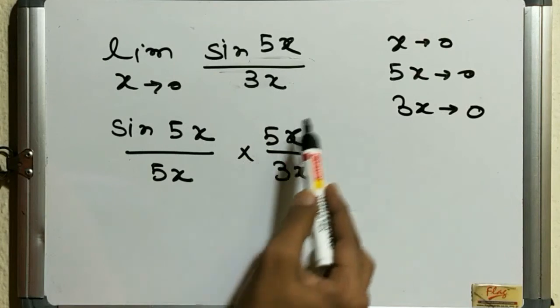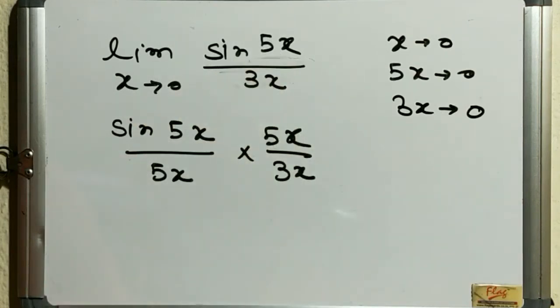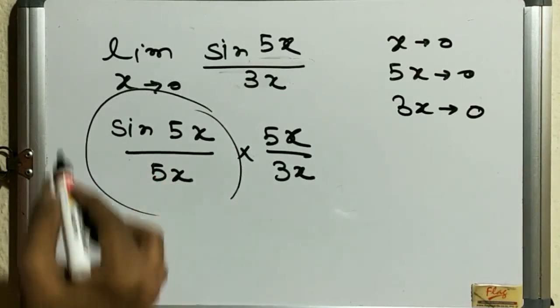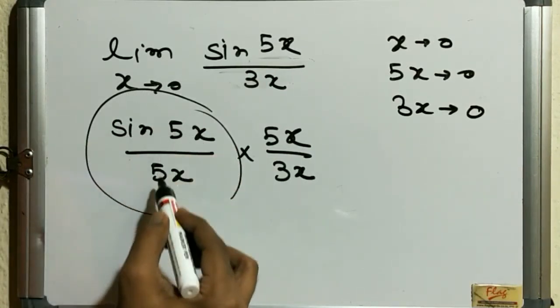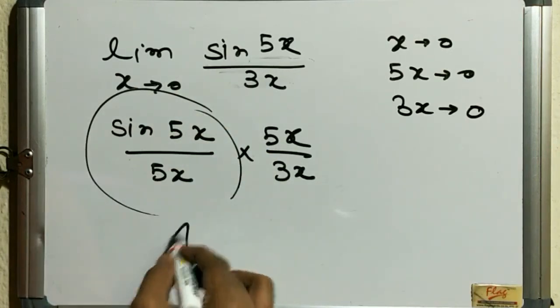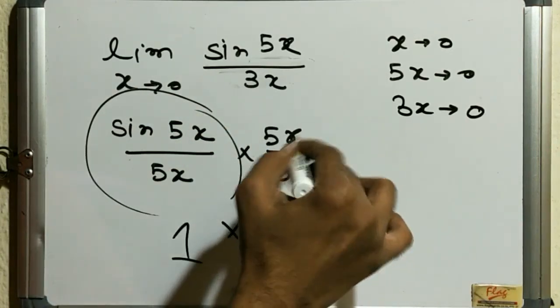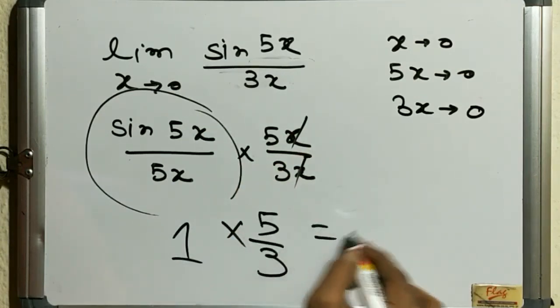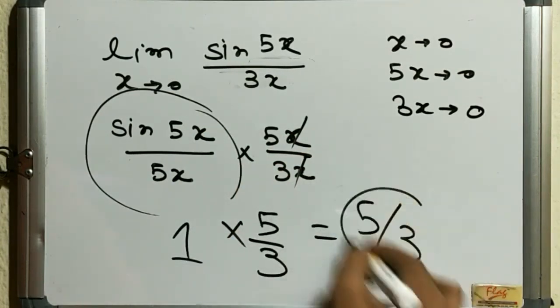So again we have not disturbed its previous value. Now applying limits over here, limit sin 5x by 5x when 5x tends to 0 will be equal to 1, and in this section x cancels, this is 5 by 3, so the total value will be 5 by 3.